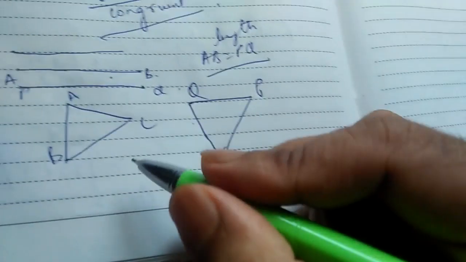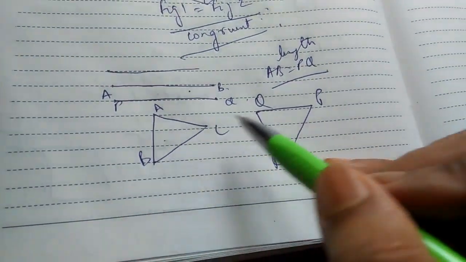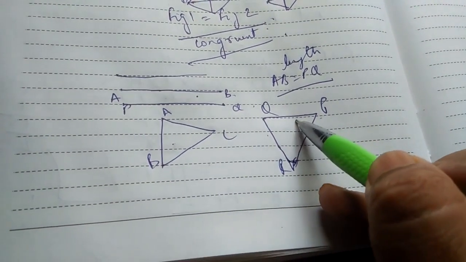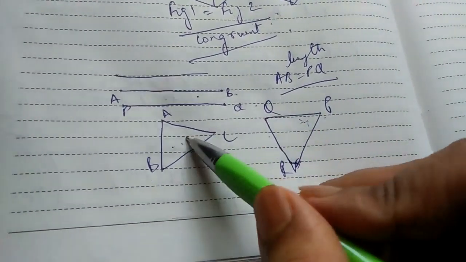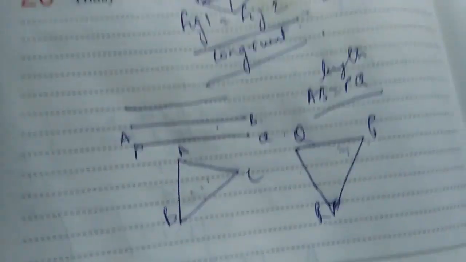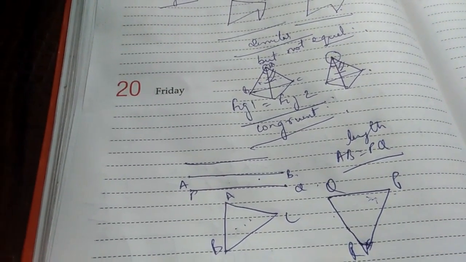Let's say these two triangles are similar. Just because I have rotated it doesn't mean that they are not congruent. They are still congruent. These figures are the same. Rotation won't change the congruency of figures.